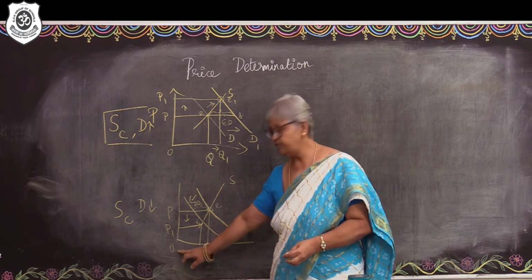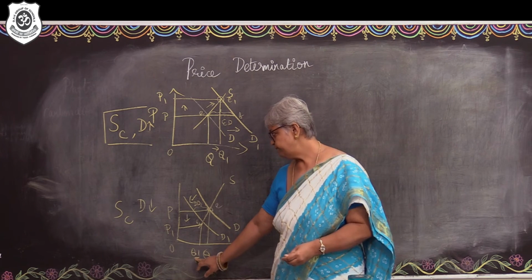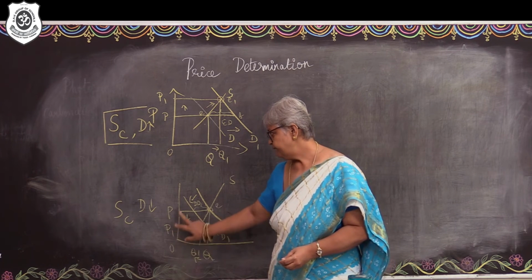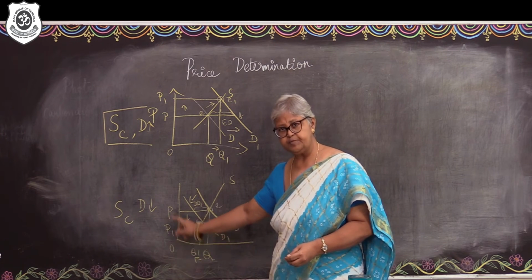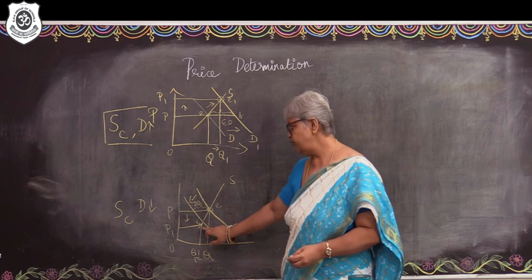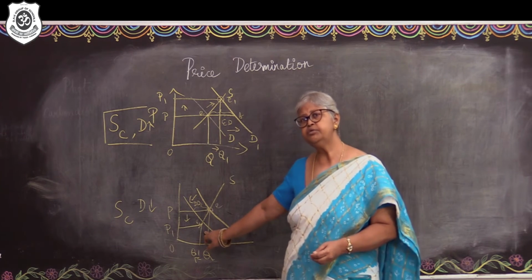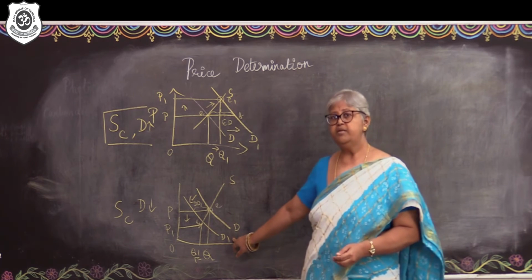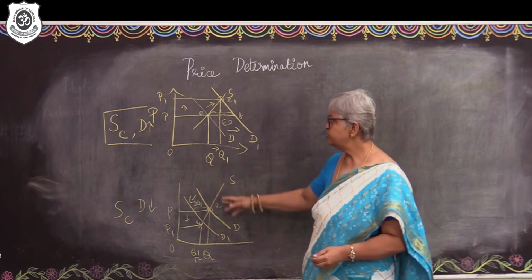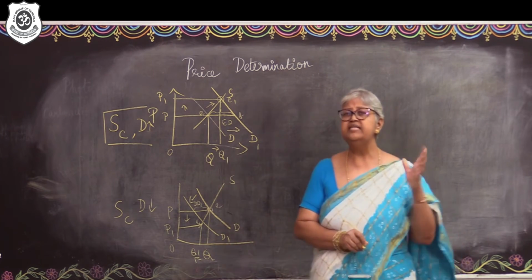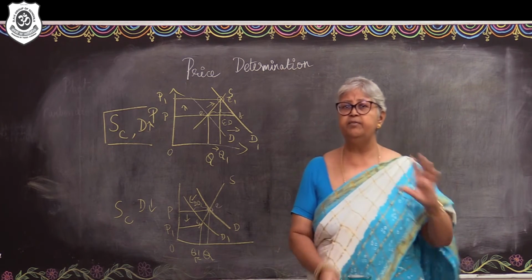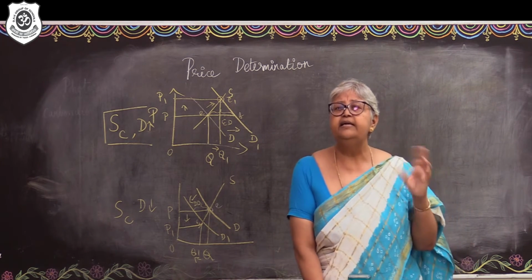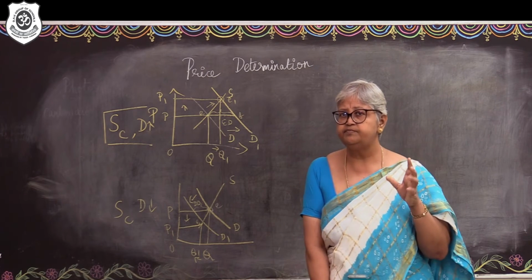The new quantity will be OQ1, right? And at a reduced price OP1, the market will be attaining this new equilibrium at E1 on the new demand curve, right? So this is the case when the supply is going to remain constant and the demand alone changes.